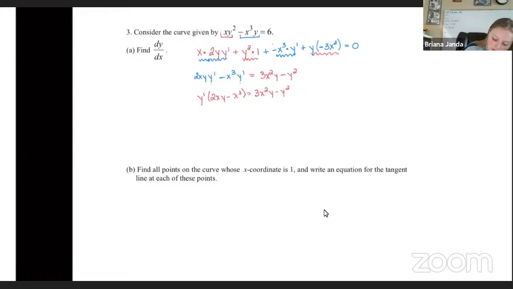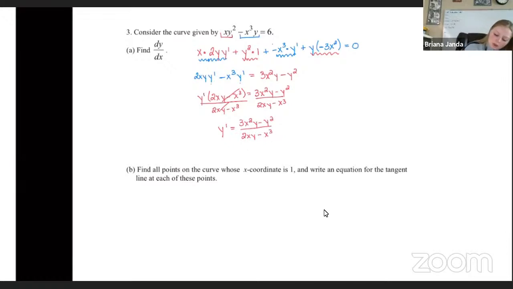And finally divide by that 2xy minus x cubed on both sides. And we end up with y prime equals 3x squared y minus y squared over 2xy minus x cubed.